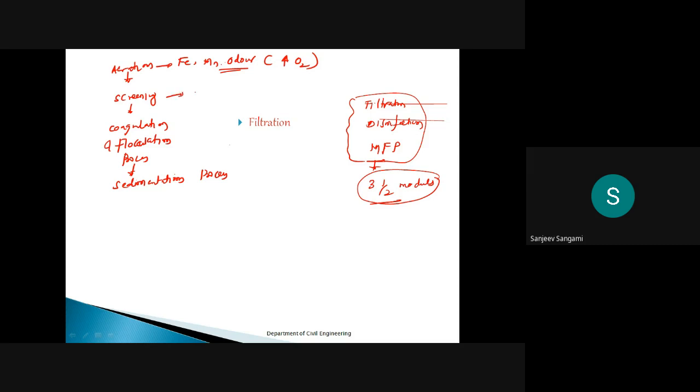In screening, we have two types of screens: coarse screen and fine screen.